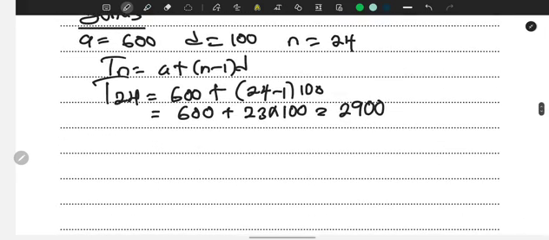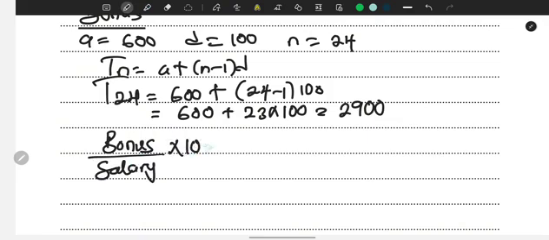Okay, now we've gotten the bonus at the end of the 24th year, which is 2,900, and the salary at the end of the 24th year, which is 59,207 naira. Okay, so as you all know, to express the bonus in terms of percent, that will be bonus over salary, times 100.